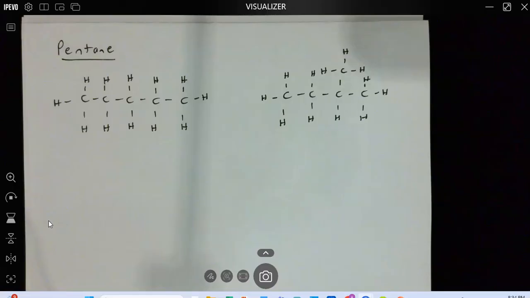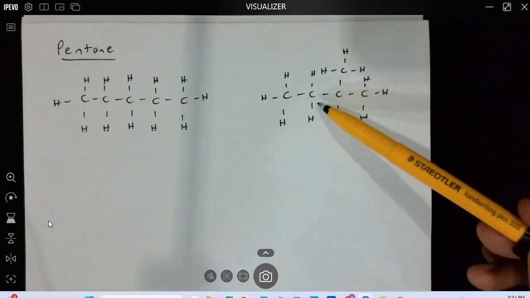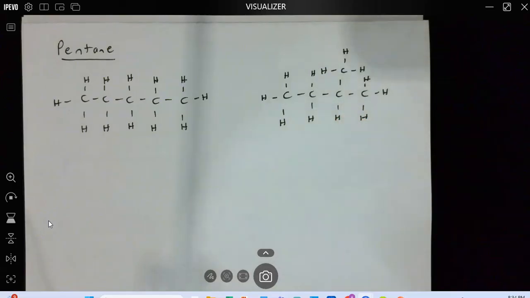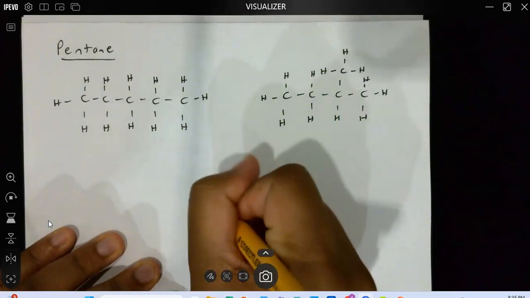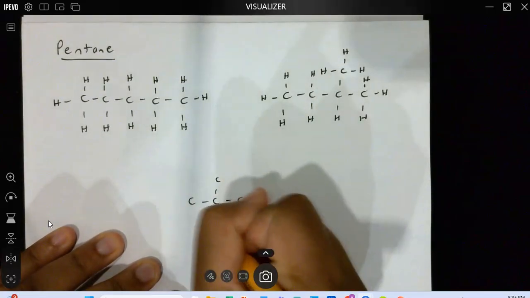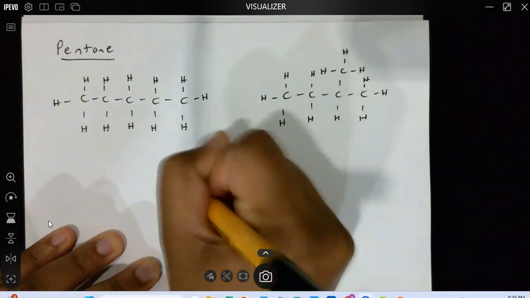And now I need to think, how else could I have an isomer of pentane? Well, if I put a carbon on this second carbon here, then this one becomes the end of the chain, and it's actually the same. So the only other alternative is to put 3 carbons in a row and have 2 carbons coming off the middle carbon.